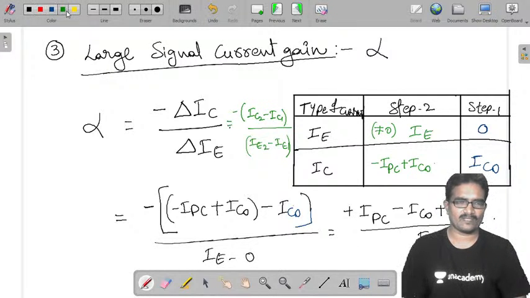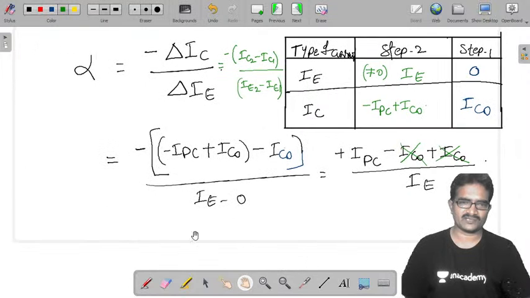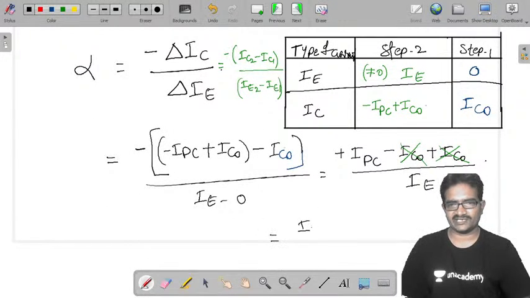So minus IC naught plus IC naught will cancel. Remaining is IPC by IE. Therefore it is IPC by IE. This is large signal current gain.